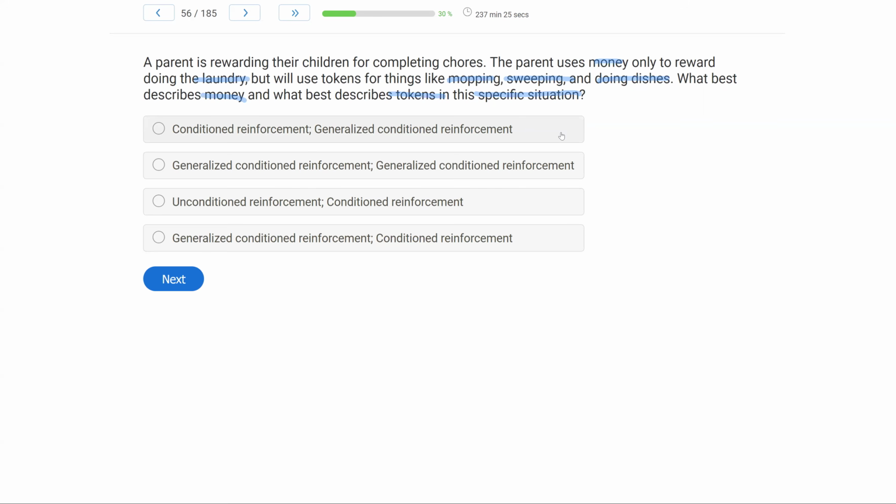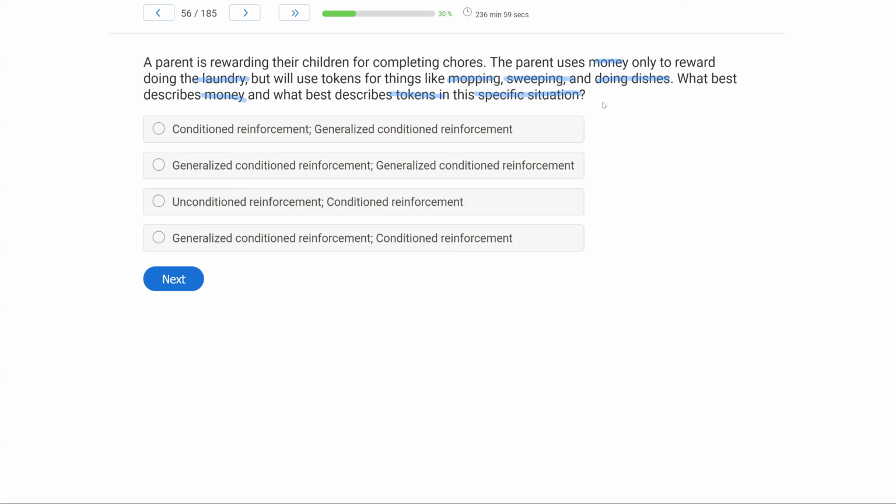That appears to be what we just described, but we always want to read every answer choice. B, generalized conditioned reinforcement and generalized conditioned reinforcement. Well, since money's only being used to reward doing one behavior, or doing the laundry, it's not yet generalized in this specific situation. That's why that wording is so important. C, unconditioned reinforcement and conditioned reinforcement.